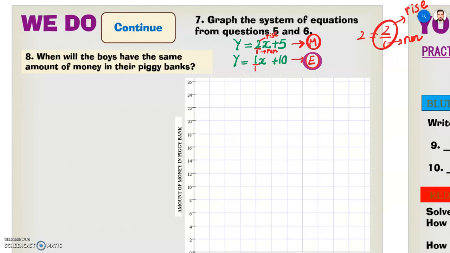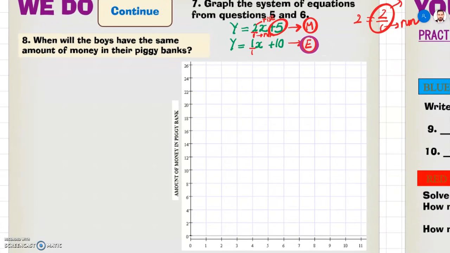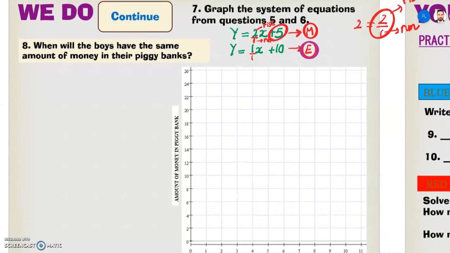Start with the initial value. The initial value here is number 5. So go to number 5. What do we have here? 0, 2, 4, and here is 5, which is between 4 and 6. From number 5, move 2 up and 1 run.